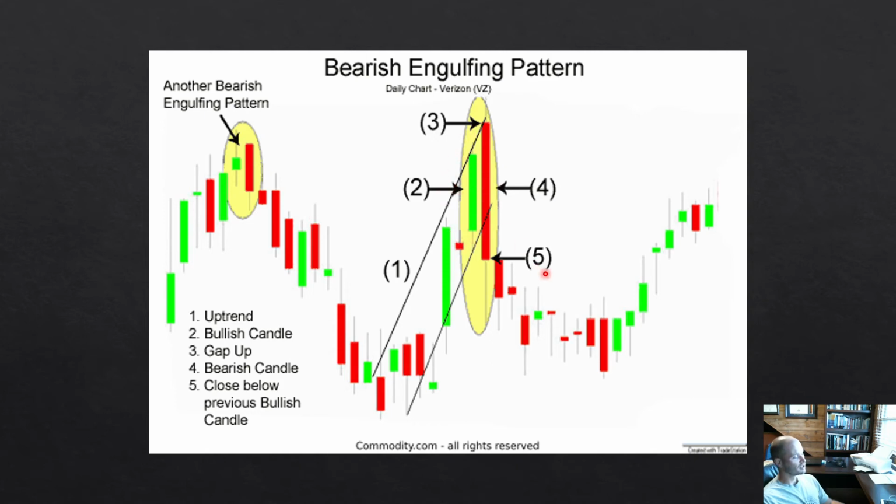So like we talked about on the bullish engulfing, if you wanted to structure a trade on this, you could wait for the next day and see where we open up. If we open up at this close or lower, you're going to open a bearish trade. And what's your stop loss going to be?